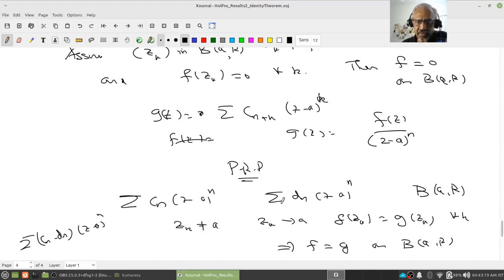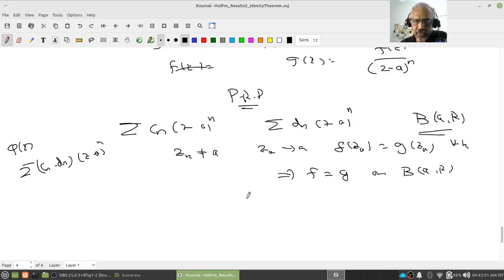Notice that both are convergent, therefore their difference is also convergent by the algebra of convergent series. This is a convergent power series which converges on the disk here. Now apply the last result. Call this phi of z. Then what do I know? Phi of zk is 0 for all k, and zk converges to a. Therefore I know phi is identically 0, etc. So the general result is proved.